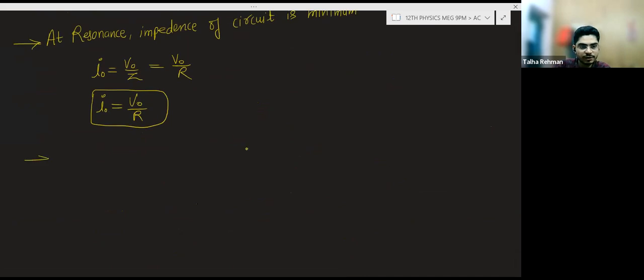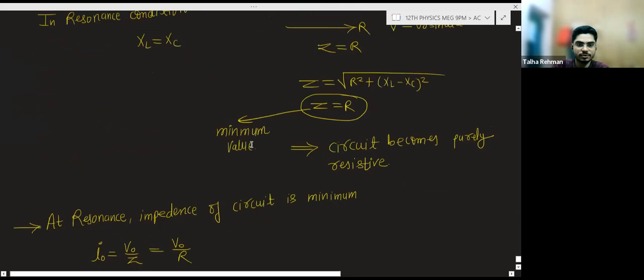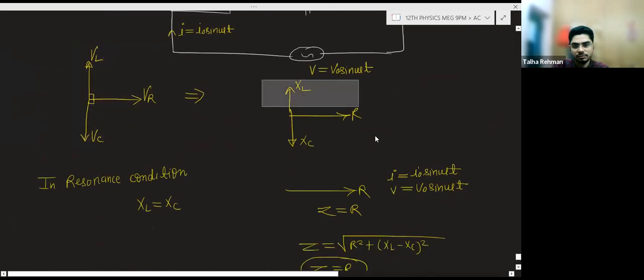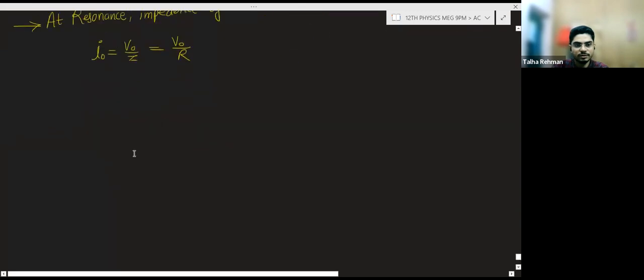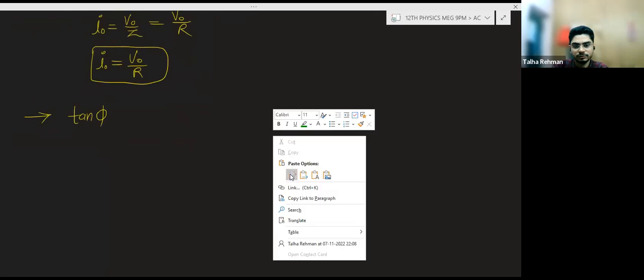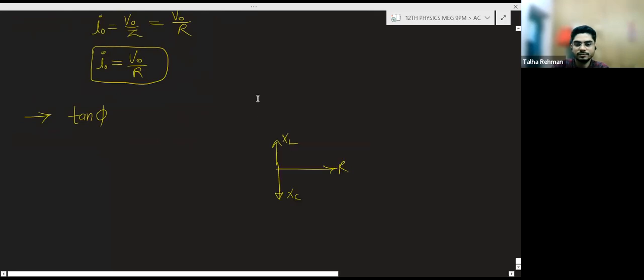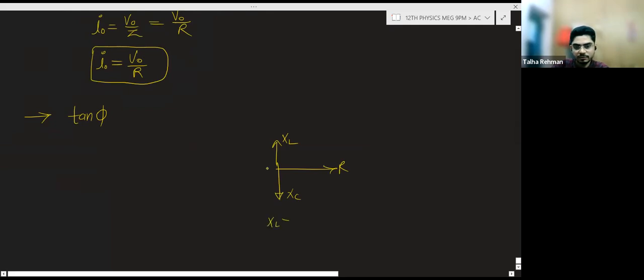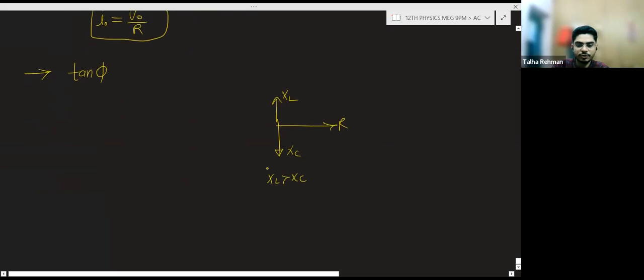And what is the value of tan phi? Now you will not know the tan phi if you do not know the phasor diagram. Again I have to tell you. From this diagram, suppose your XL is greater than XC, then you can modify this diagram.